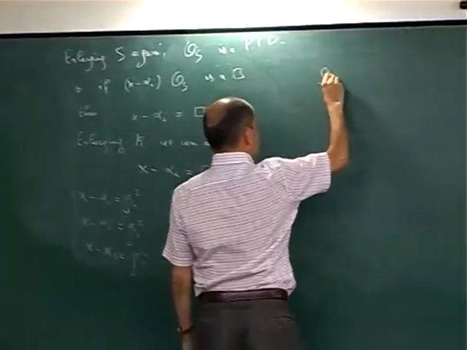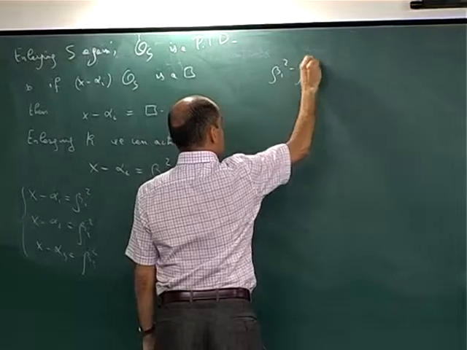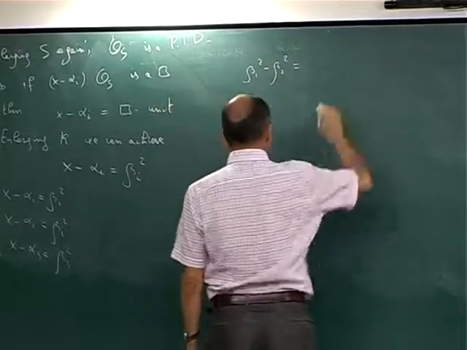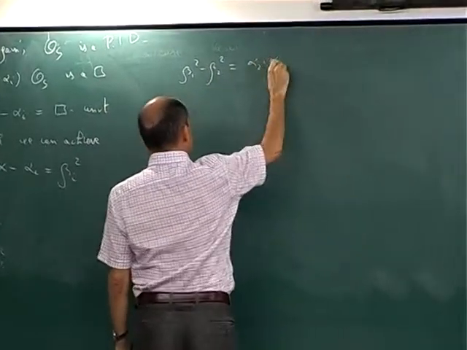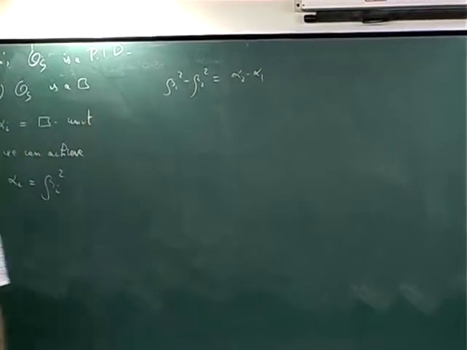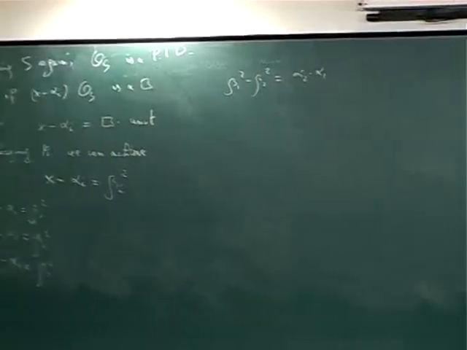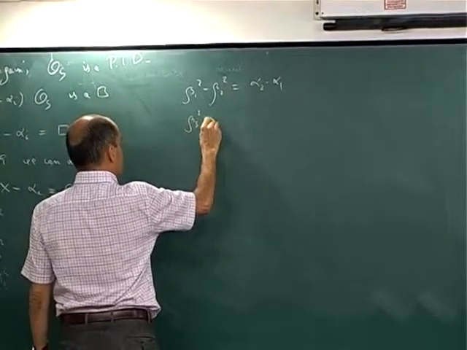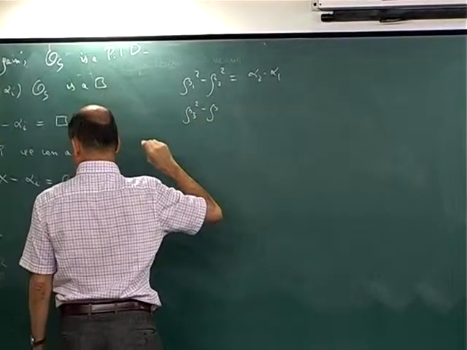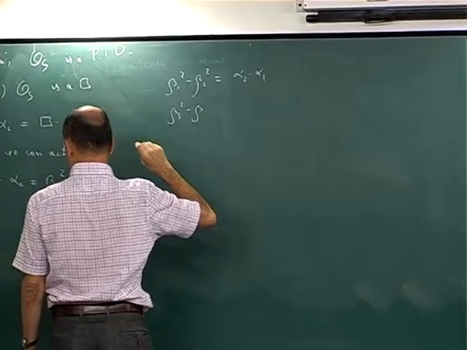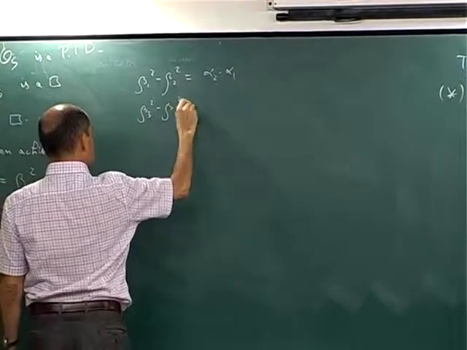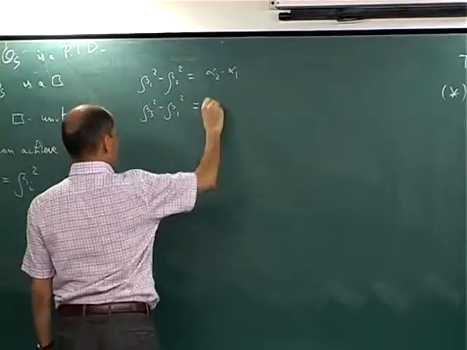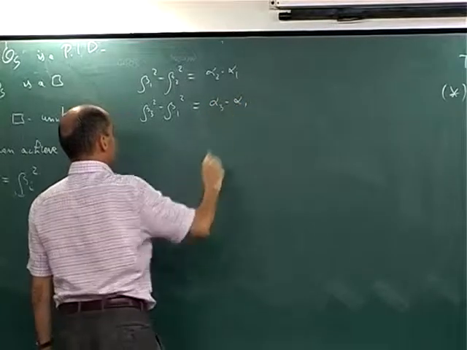So beta 1 square minus beta 2 square equals alpha 2 minus alpha 1. And here, for instance, we have beta 3 square minus beta 1 square equals alpha 3 minus alpha 1.